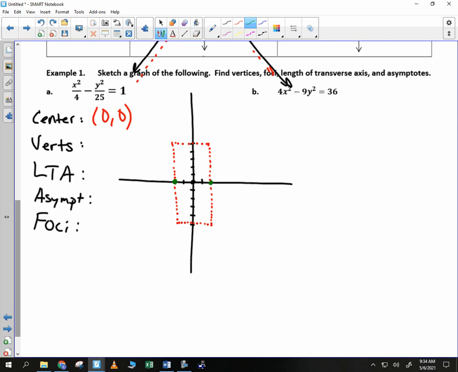Okay, I have my vertices. Name them. I need a location. Yep, plus or minus 2, 0. Excellent. What's the length of that transverse axis, the distance between the two? It's 4 units. I'm now going to draw the asymptotes. They just go through the center and then the corners of the box.